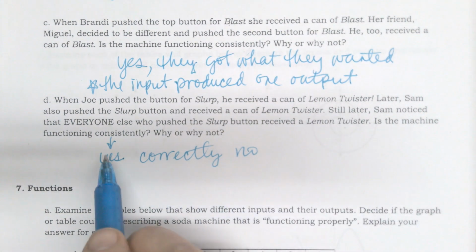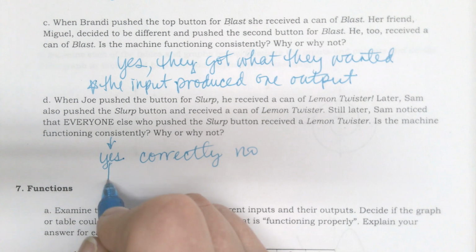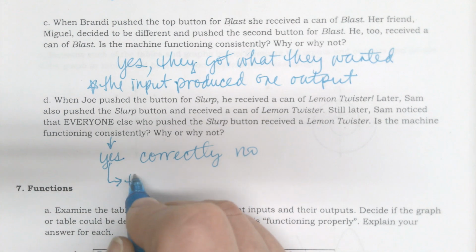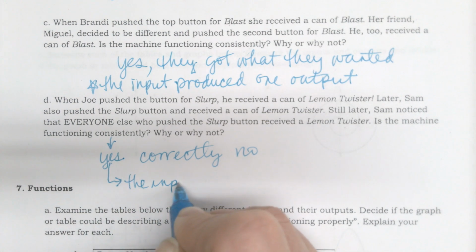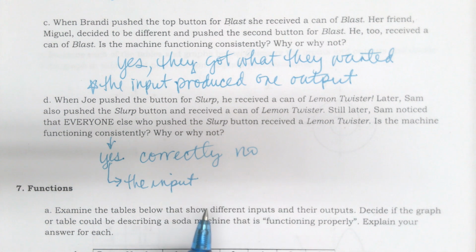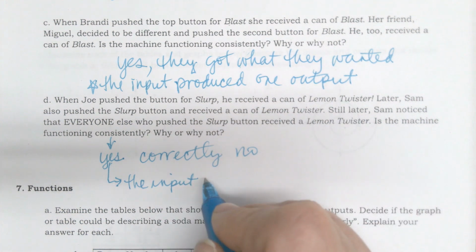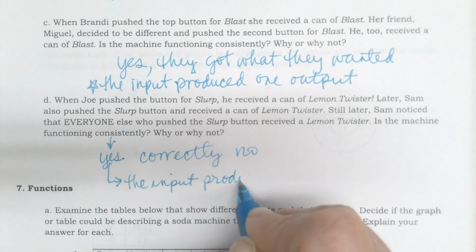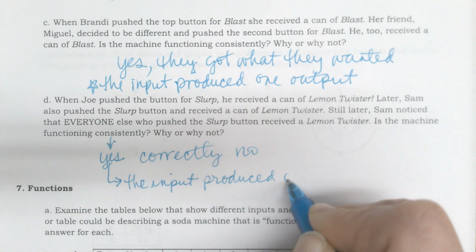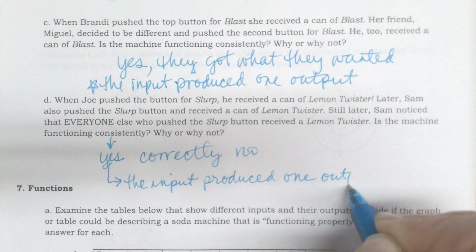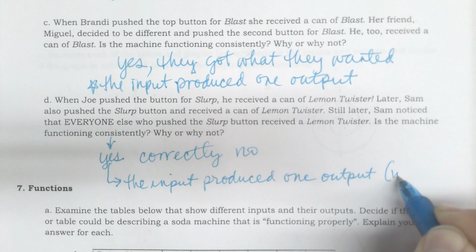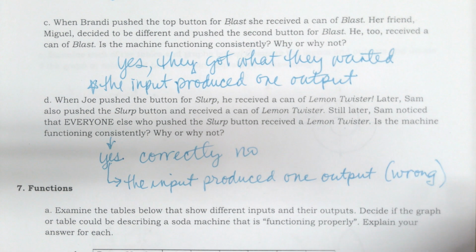The consistent part is that the input produced, again, one output. It was a wrong output, but it produced an output.